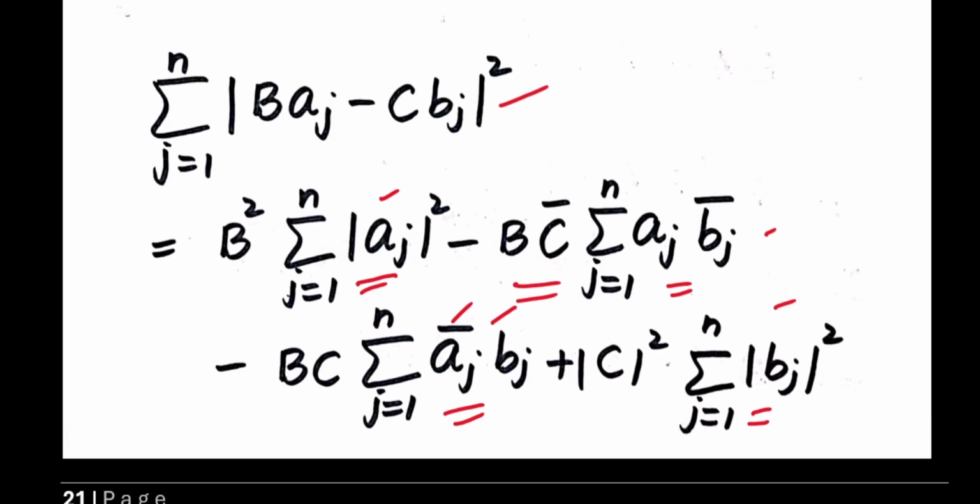This term can be written as B into C conjugate, and this is my C. So this becomes B into C conjugate into C. But if you notice here, this summation, that is the product of the complex number, is actually the conjugate of this number.